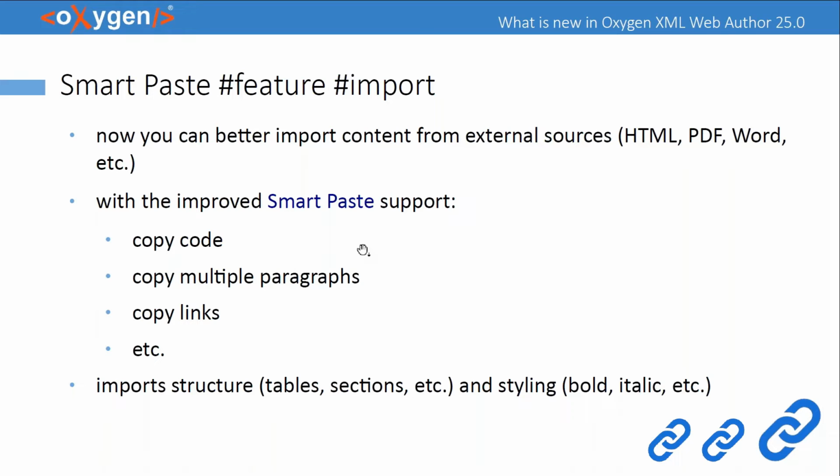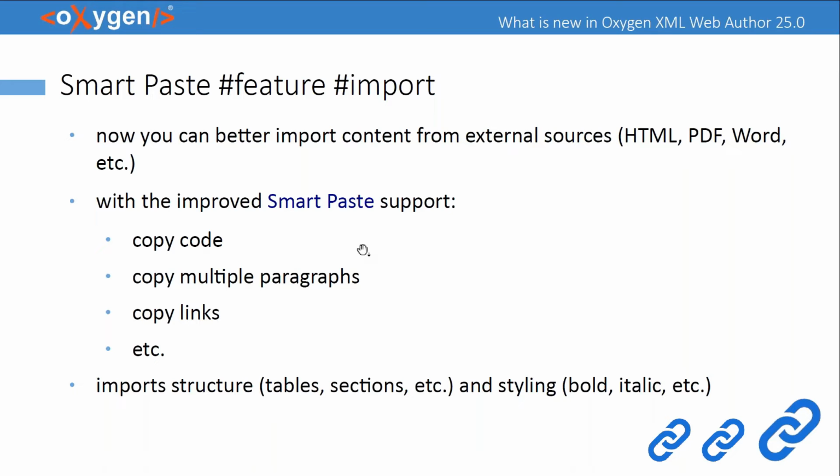If you copy from an HTML page that has code with elements surrounding some parts of the code, when you copy it in Web Author, only the text will be copied, as you expect. And then you can also copy multiple paragraphs, and for each paragraph an individual element will be inserted in your document.